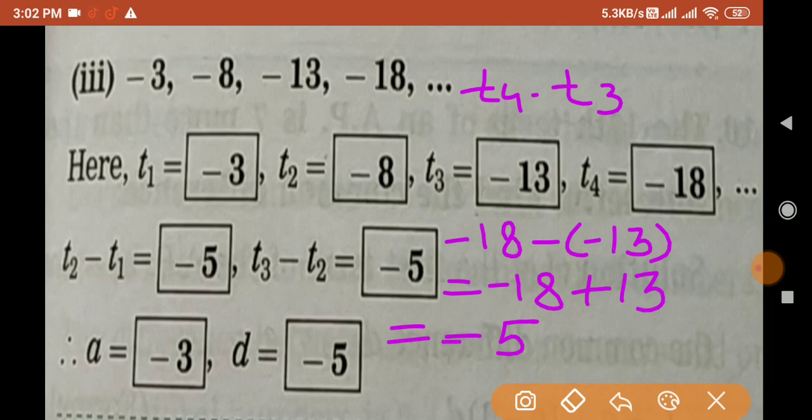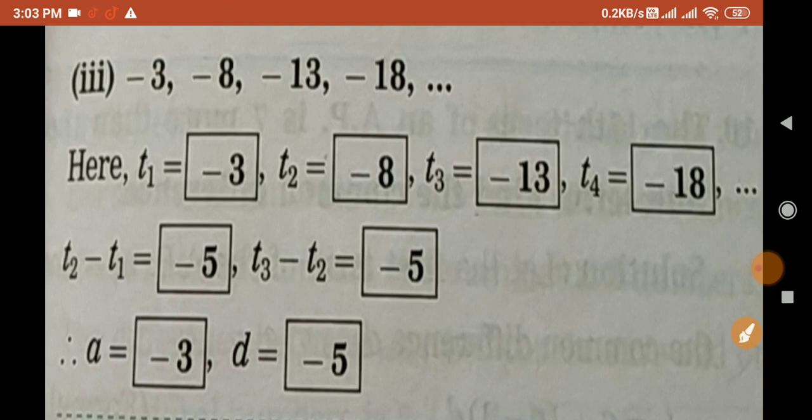Therefore the value of common difference d is equal to minus 5, which is constant in each step. Understand? And the first term, that means a, or it is also called t1, is equal to minus 3.